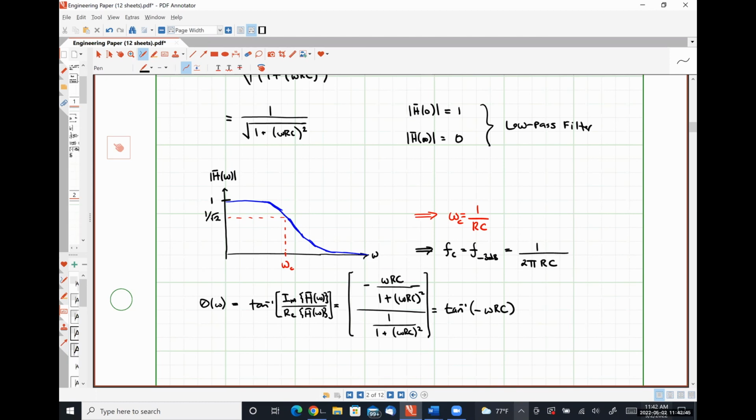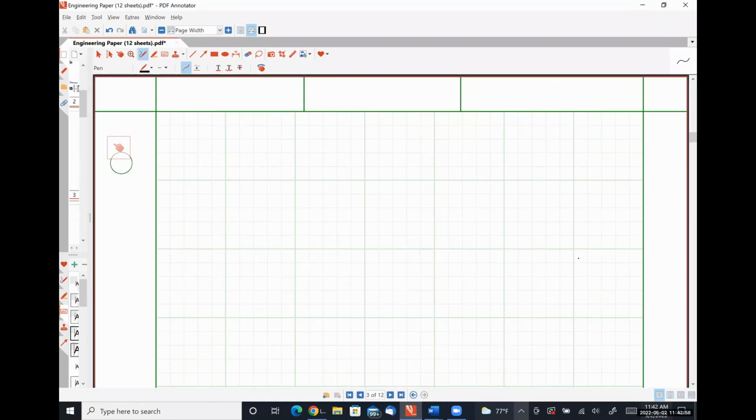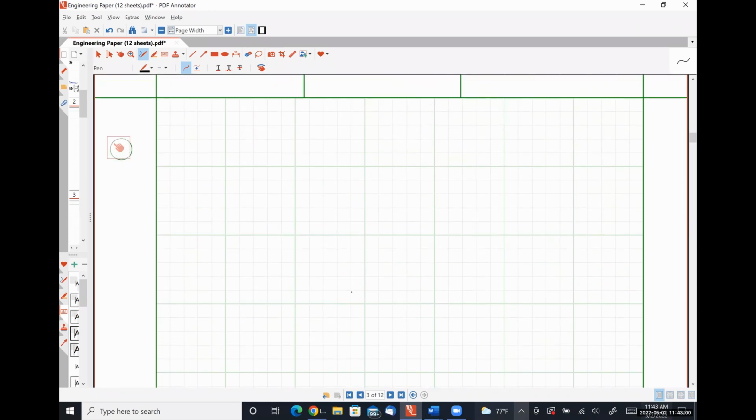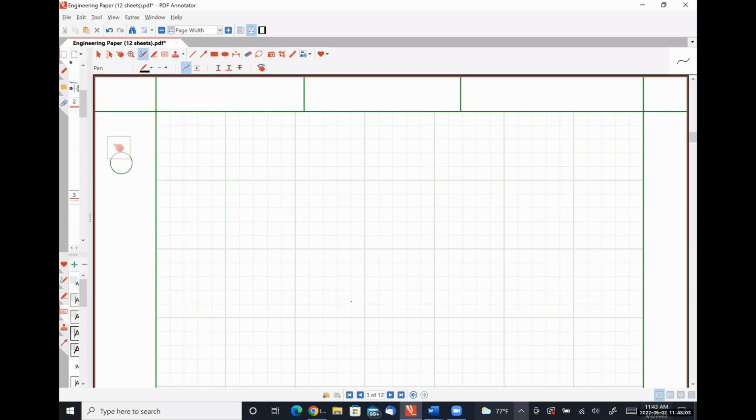What I would like to do next is simply switch the order of the resistor and the capacitor and then see what happens. So previously, I took the voltage drop over my capacitor and we observed a low pass filter response.